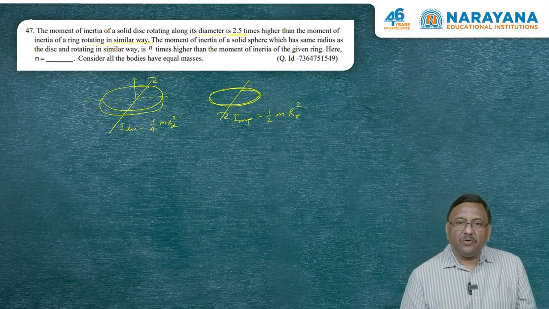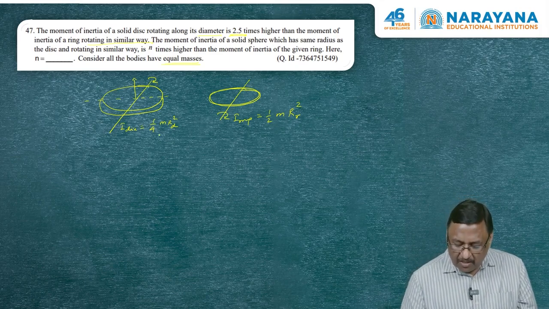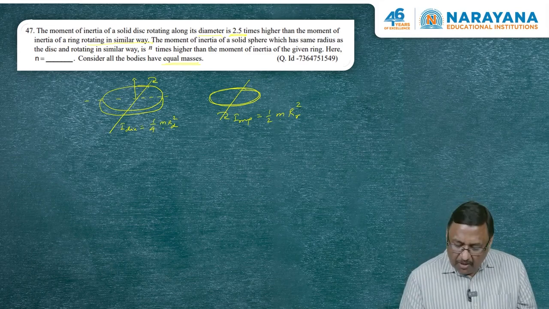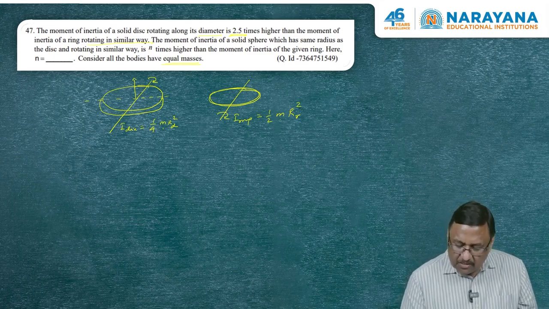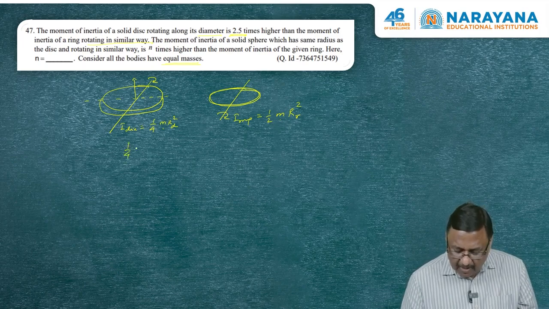At last you can see in the question it is given that consider all the bodies have equal masses. So I'm not changing my mass relation. I'm keeping mass m here and mass m here. This is what he says in the question: the moment of inertia of the disk is 2.5 times higher than the moment of inertia of the ring. So it's very easy. I write 1 upon 4 m into r disk square.